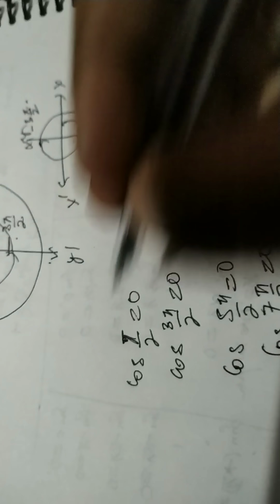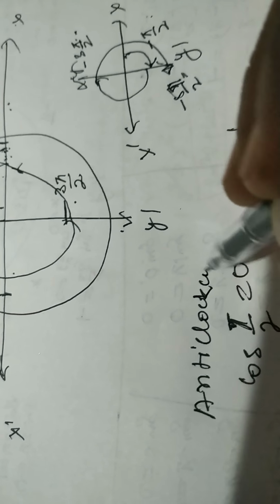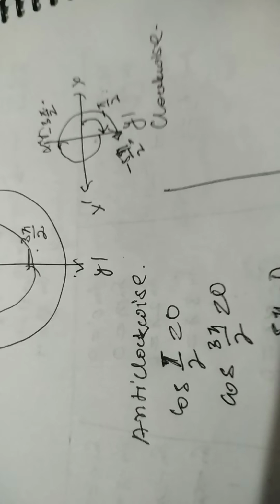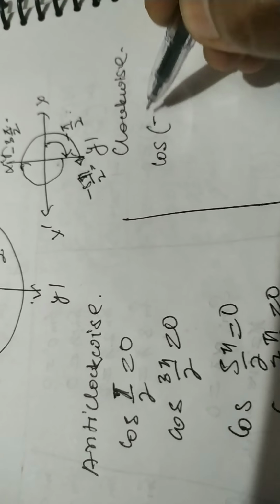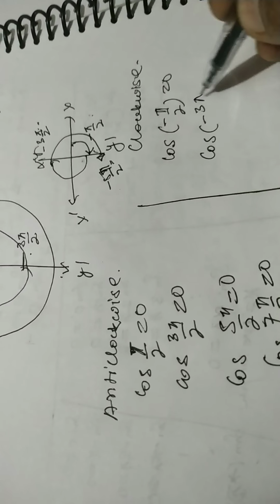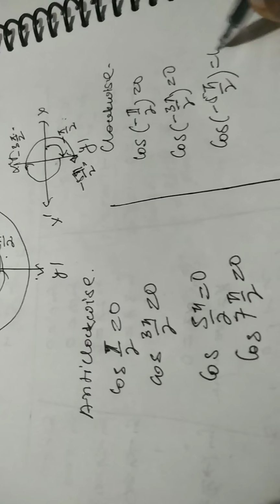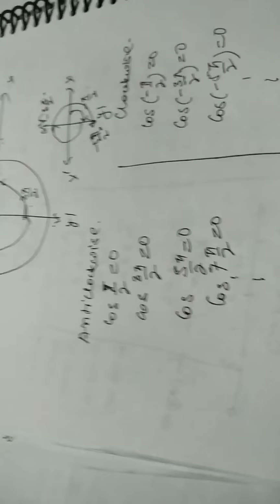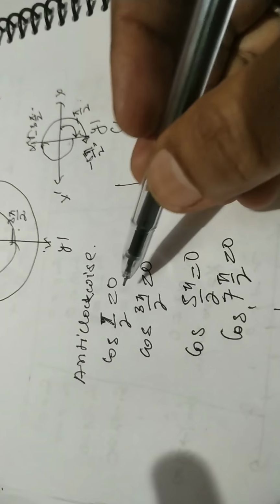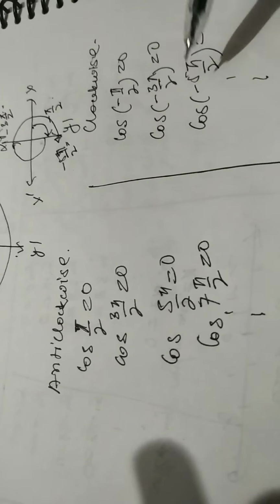And clockwise, cos(-π/2) is 0, cos(-3π/2) is 0, cos(-5π/2) is 0, and so on. This is anticlockwise, where we take positive angles, and clockwise we write negative angles.